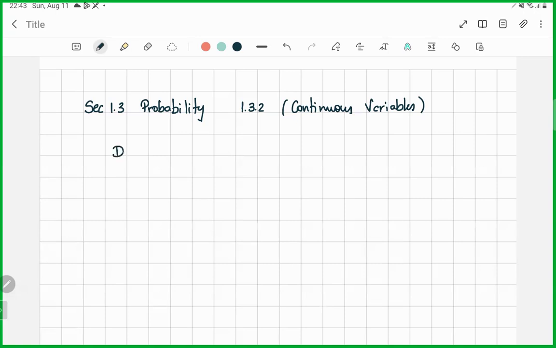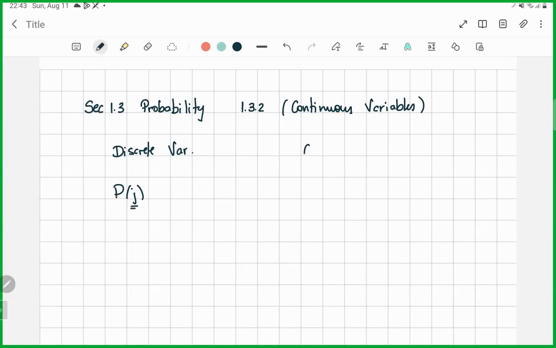When we were talking about discrete variables, we talked about the probability, for example, the probability that someone was aged 14 years old. So, the probability of having this discrete variable j.